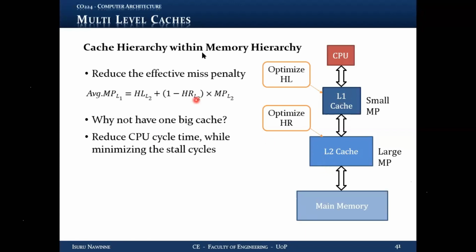Right. So that is the idea of using a memory hierarchy, using a cache hierarchy inside the memory hierarchy to further improve performance by reducing the effective miss penalty. Okay, do you have any questions on this?